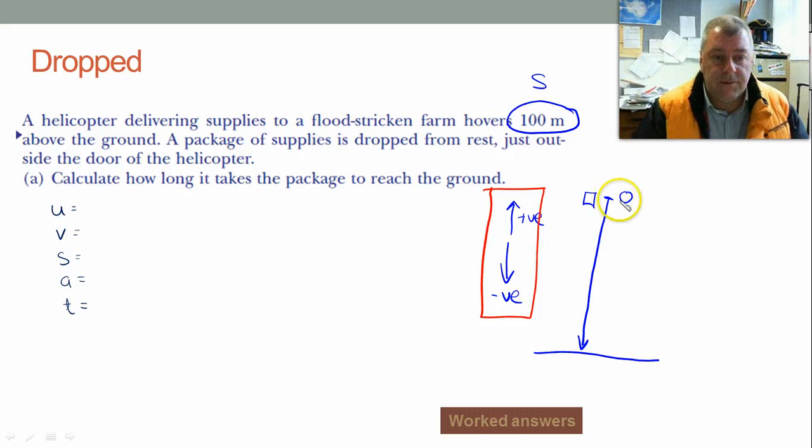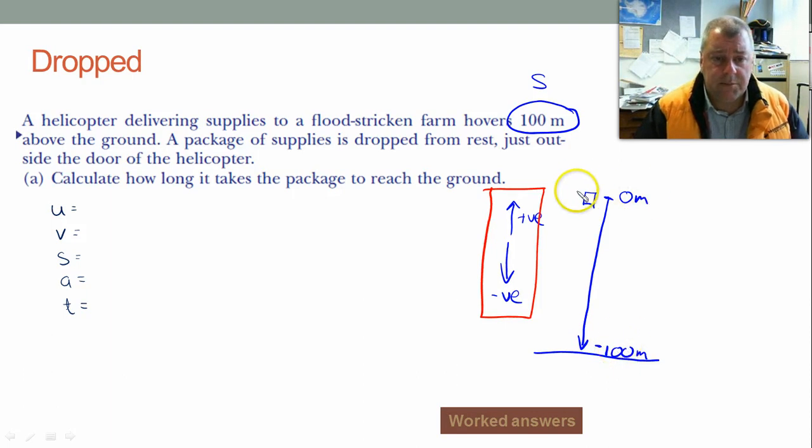So if we're starting with the helicopter and the parcel here at 0 meters, and the helicopter is 100 meters above the ground, what we should really be saying is that the parcel's going to fall minus 100 meters.